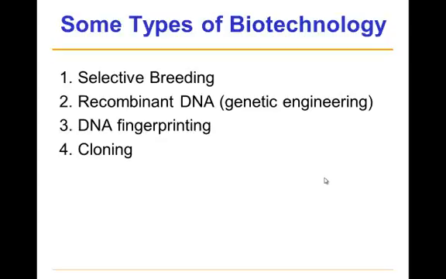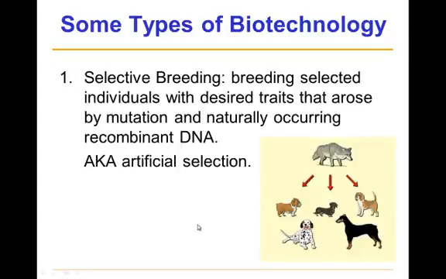The first of the biotechnology techniques we'll discuss is called selective breeding. Selective breeding is simply when humans select a parentage to get the desired offspring of other species.